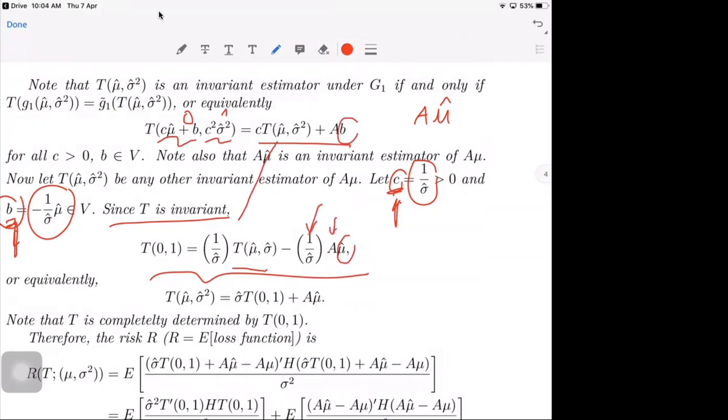Or equivalently, you can write this in this manner. Okay, so C mu hat plus B equal to 0. Because your C, you denote as 1 over sigma hat mu hat, and your B, you denote as minus 1 over sigma hat mu hat. Are you following? Yes, ma'am.